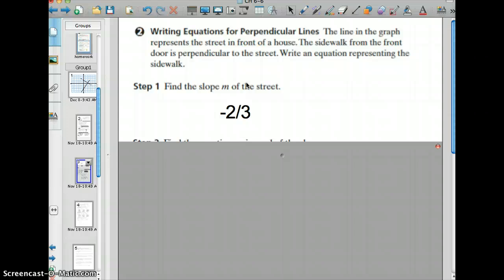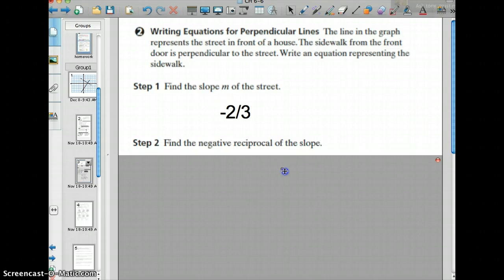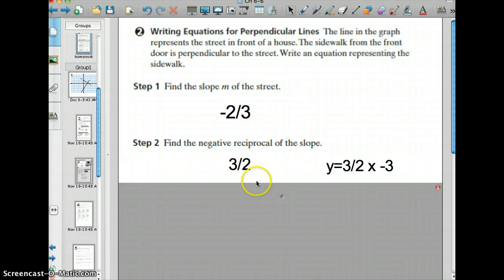It's not in my notes here for some reason. Street M, you can see, is a slope of -2/3. So now we find the negative reciprocal of the slope, and that is going to be 3/2.